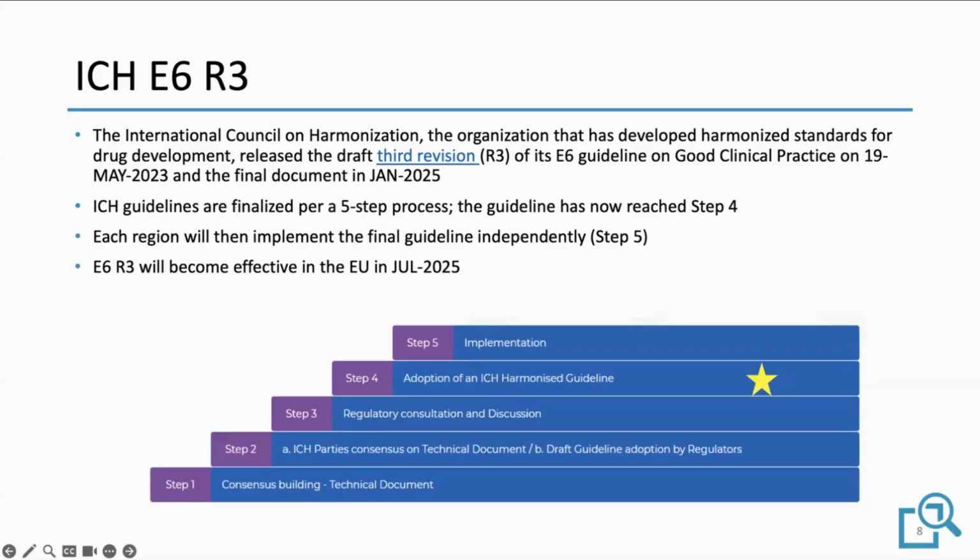Then the ICH released the final document in January of 2025. This brings us to step 4 of the 5-step implementation process. Now each country or region will follow its own timelines to implement the final guideline. R3 is going to become effective in the EU in July 2025, so just days away at this point.